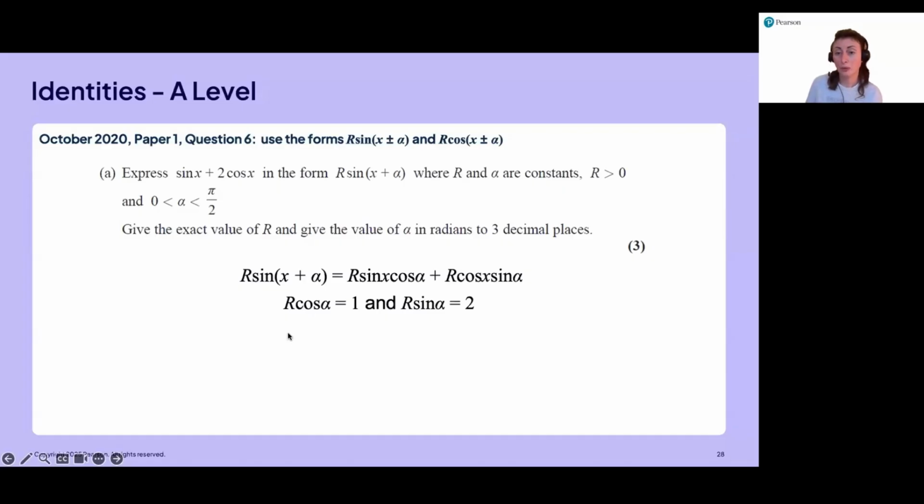If you've done this before, then you'll know that one way is expanding this using the addition formula. One thing I see quite often is students expanding without using the addition formula. So they will just think that sine of x plus alpha expands to sine x plus sine alpha.